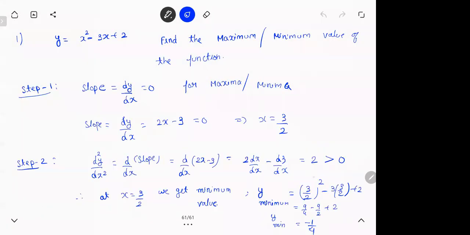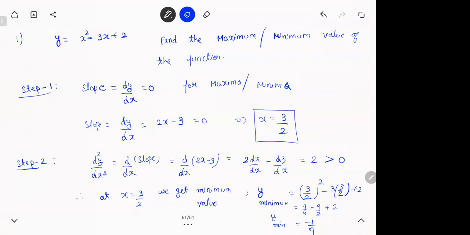You got 2 right here, so 2 is a positive number. So the value which you got here, x is 3 by 2, is the minima. Clear? If I had got this negative, it would be a maxima. So at x is equal to 3 by 2, we get the minimum value. So how much is the minimum value of y? Substitute x is equal to 3 by 2 in the function.